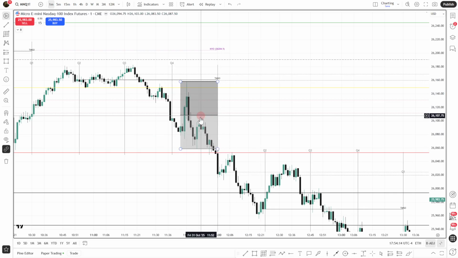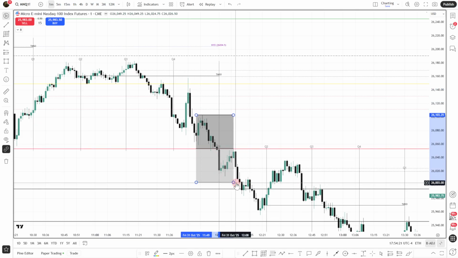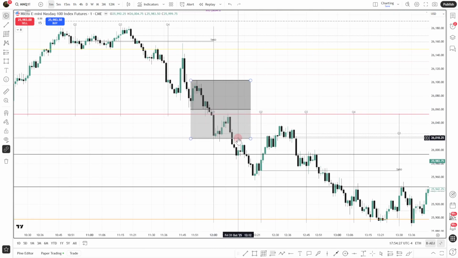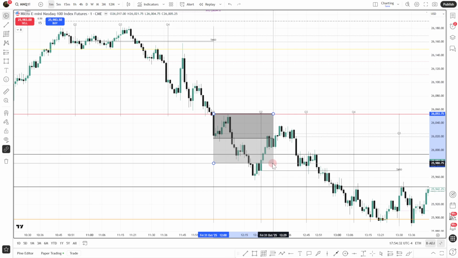Okay, fail to even get up here. And then I go to the next range. Okay, fail, price is in a hurry. Okay, and then I go to this next range.